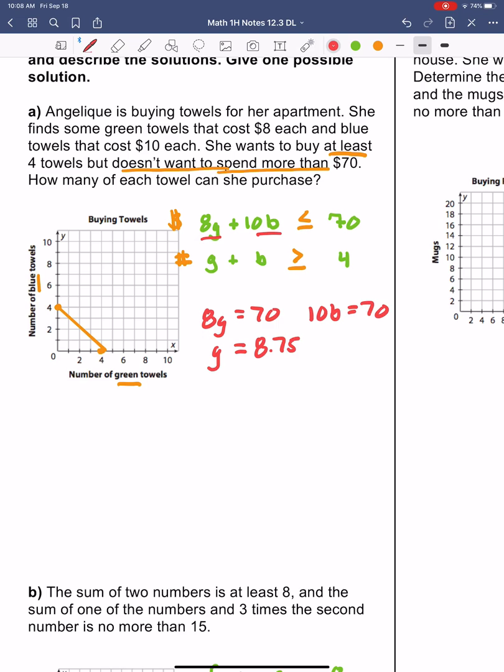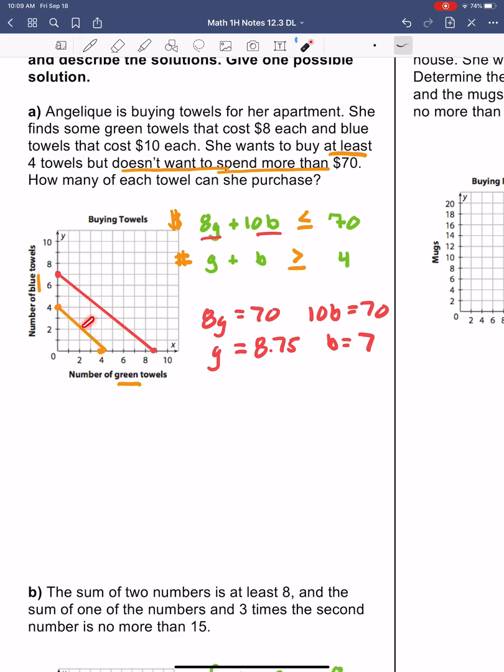So onto the green towels, we go to 8.75, which is right there. On the second equation, B equals 7, so I'll go up to 7. We get a solid line because of the or equal to bar. And this one says less than or equal to 70, so for this line we're going to be shading down.